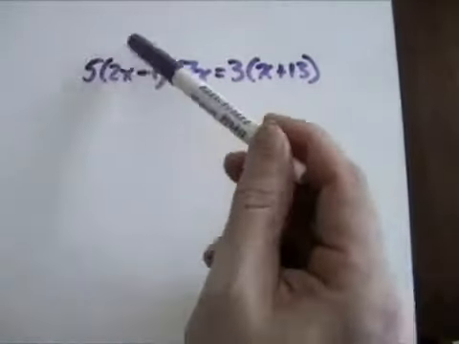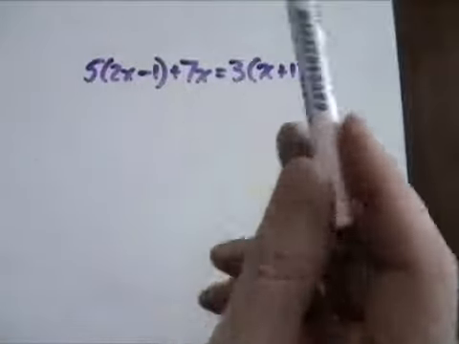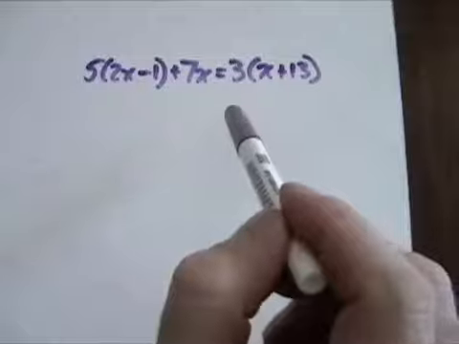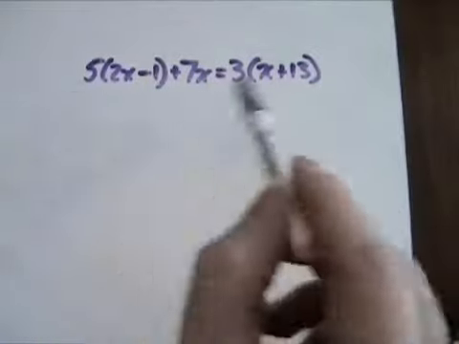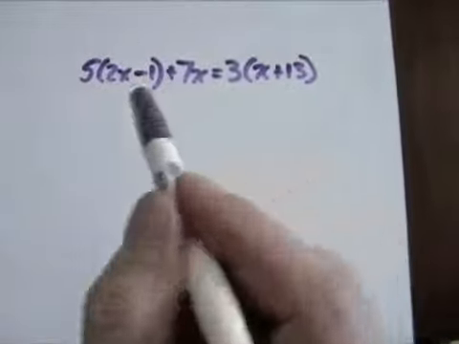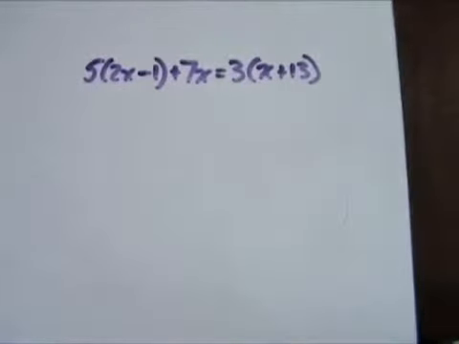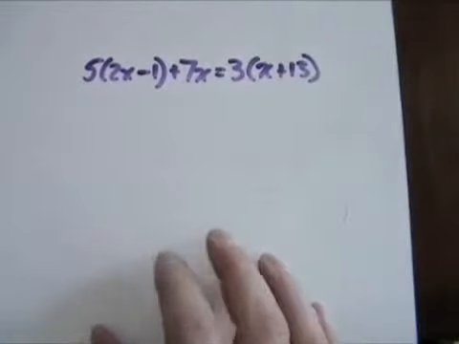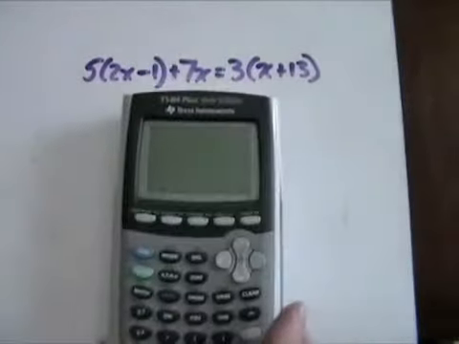You would first start by distributing, then adding like terms, getting all the x's on one side, all the numbers on the other, and then solving for x by dividing or multiplying. This is a pretty standard equation. If I would have put a log in here, then we might not have known what to do. Regardless, here's how we can solve this equation with just the calculator alone without any symbol manipulation.